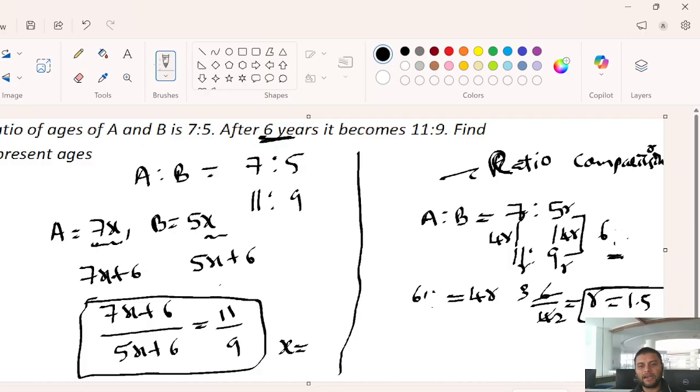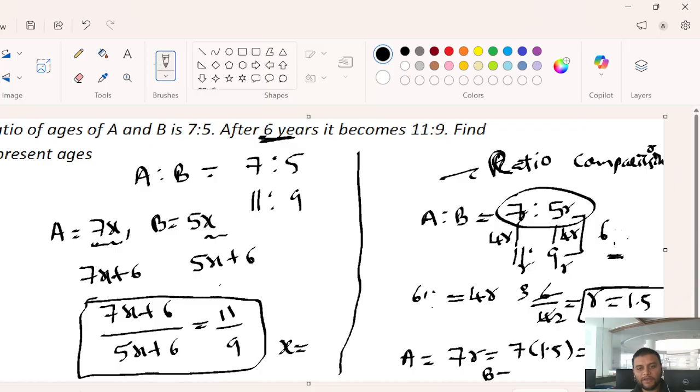So after finding the r value, I can say the present age of A is equal to 7 ratio, which I am taking from this ratio, guys. So 7 into 1.5 is 10.5.